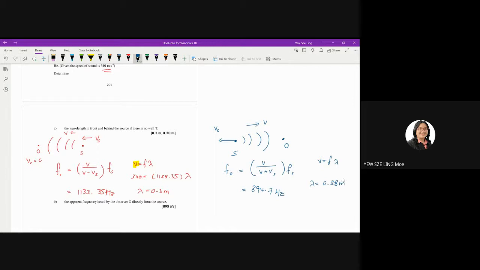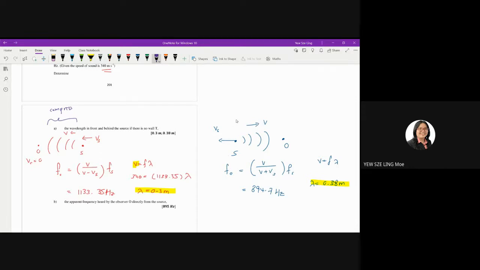So does it make sense if you look at these two values, the one on the left-hand side and the one on the right-hand side? Yes, it does. Why? Because now my object is moving to the right-hand side. It compresses the wave on the left-hand side, because it's moving towards the observer.